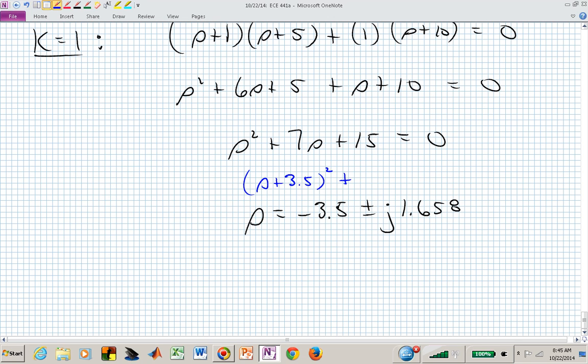And 3.5 squared is what? No, it's 3 squared is 9, so it's more than 9, isn't it? Then we have 0.5 squared. That's not very big, but then we have 2 times 0.5 times 3. So plus 3, right? So we're maybe a little bit above 3.